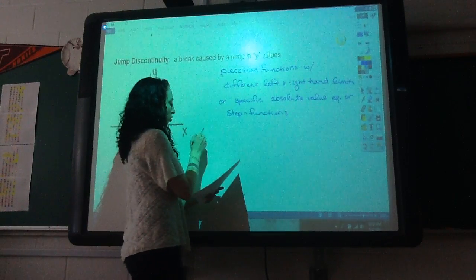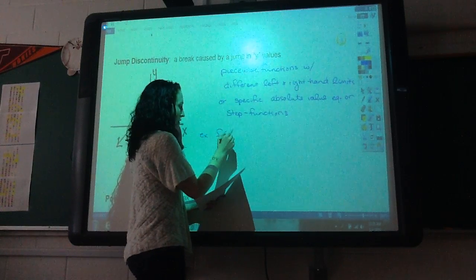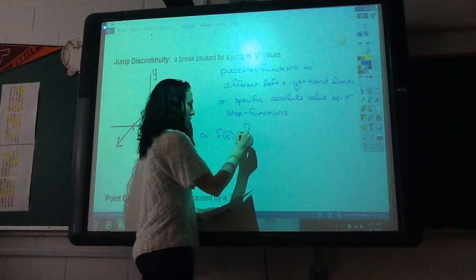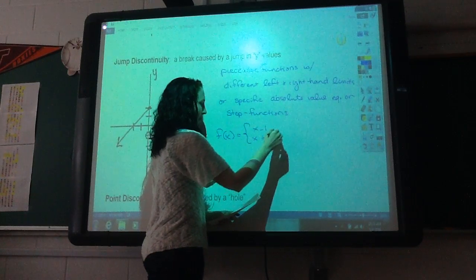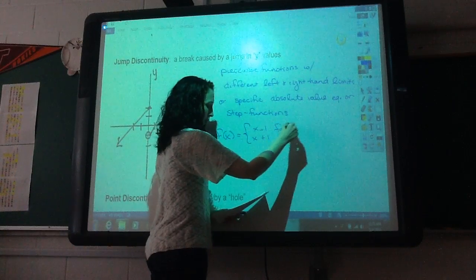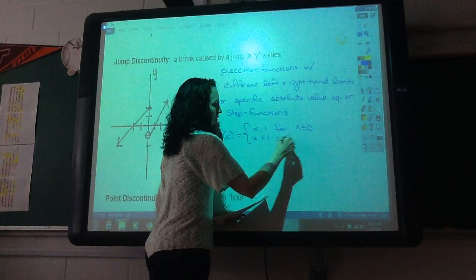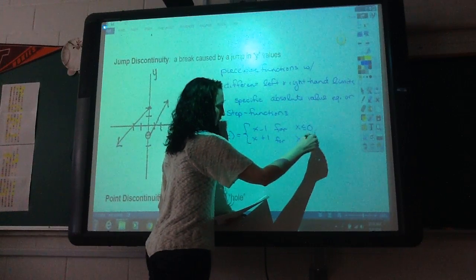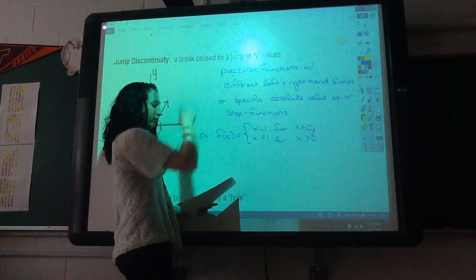So examples of how this works. You could have an f of x equals x minus 1 and x plus 1. X minus 1 works for when x is less than or equal to 0, and x plus 1 works for when x is greater than 0. So this is an example of the piecewise.